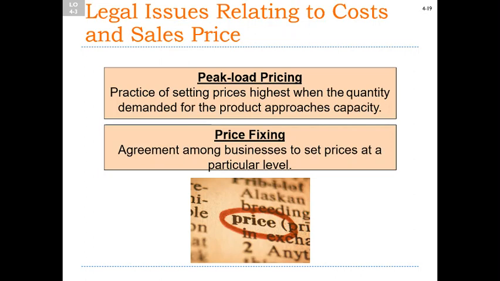Well, what about competitors who agree to fix prices on their products? Is that legal? No, that is not legal. And this is either implied or actual agreement.